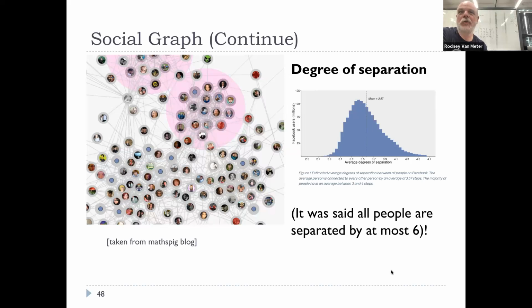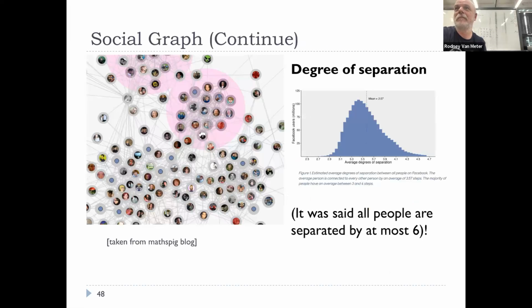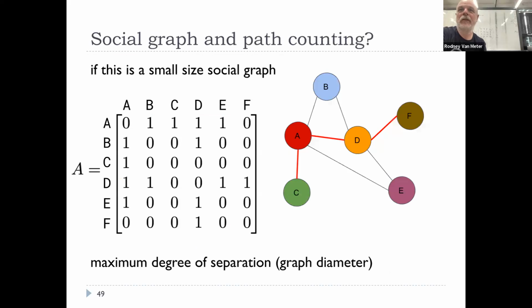All right, so returning to the issue of social graphs, we can do the same thing for the social graph. We looked at this. If we write this out, how big a matrix are we going to end up with?